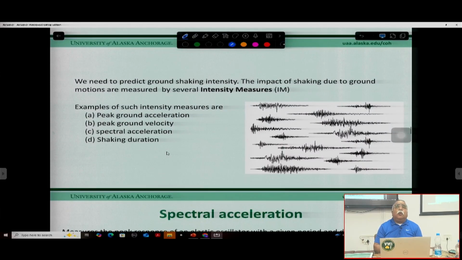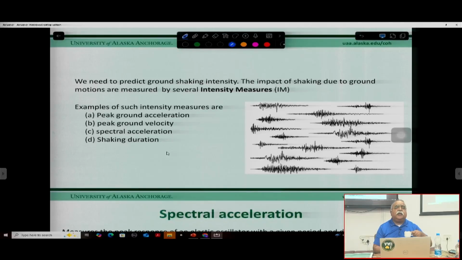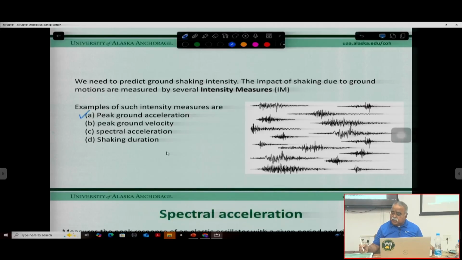Now, magnitude is one part. We can calculate on the magnitude, but there are a lot of other ground motion parameters that we are interested in: the peak ground acceleration, peak ground velocity values, spectral acceleration values, or the duration values.